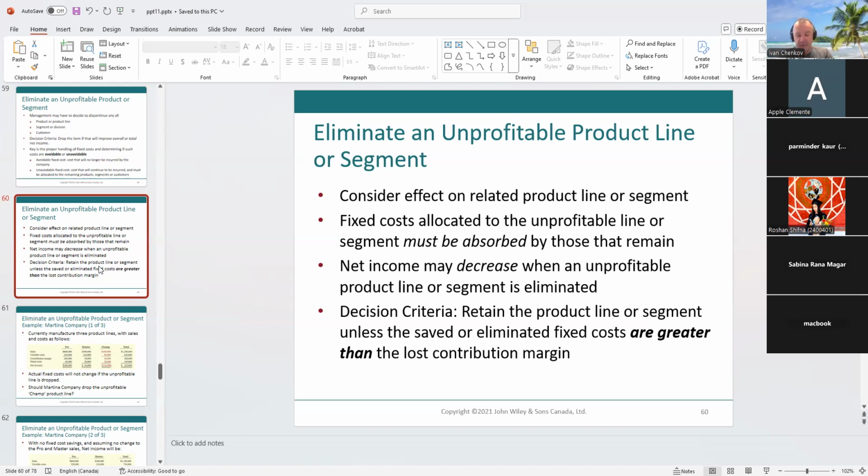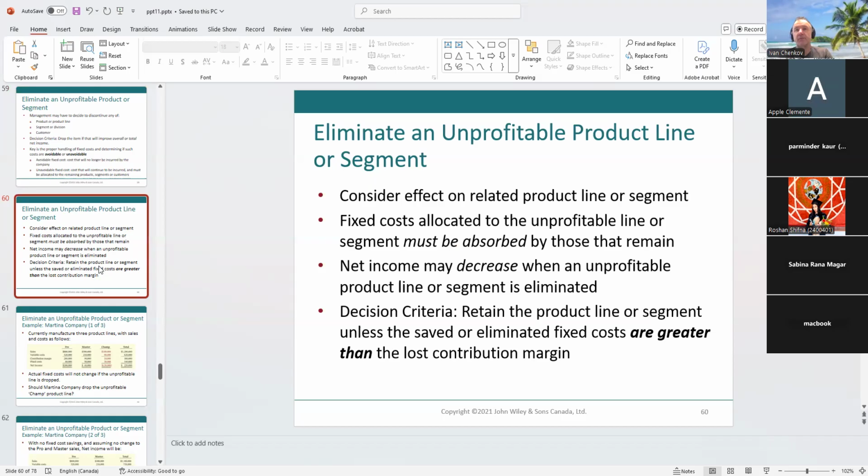So we have to be careful of the allocation of the fixed cost, because if the fixed cost is allocated to a product line which makes it look unprofitable and we decide to eliminate it, we may have to keep the cost and not be able to eliminate the cost, and that's going to go against us.